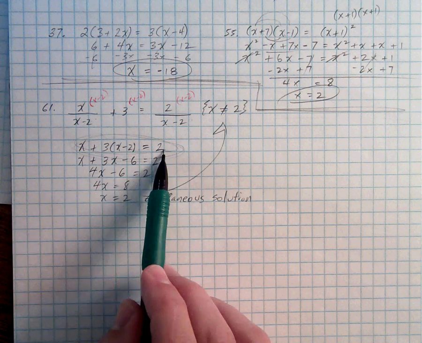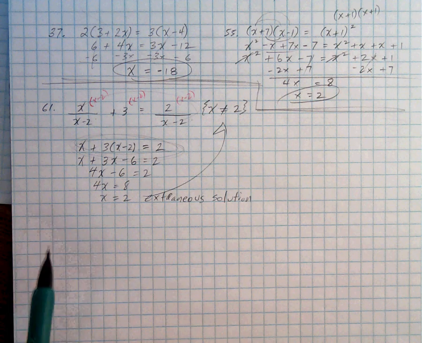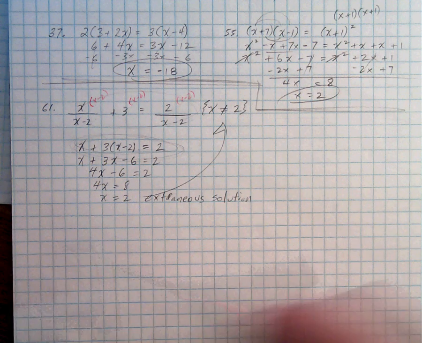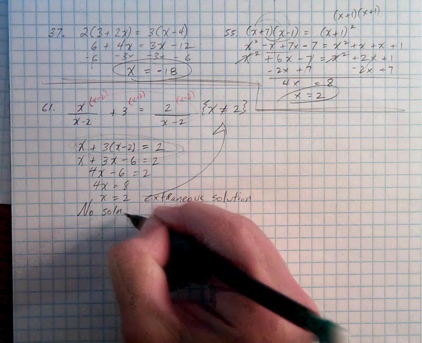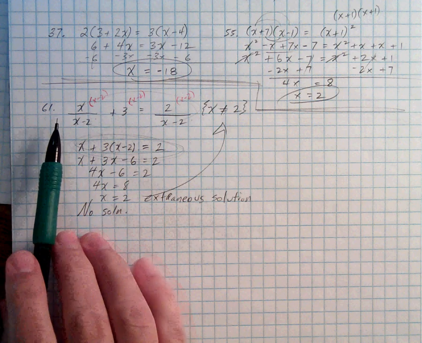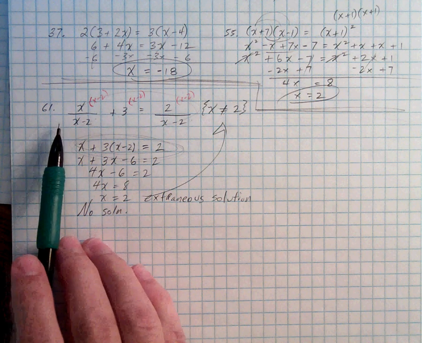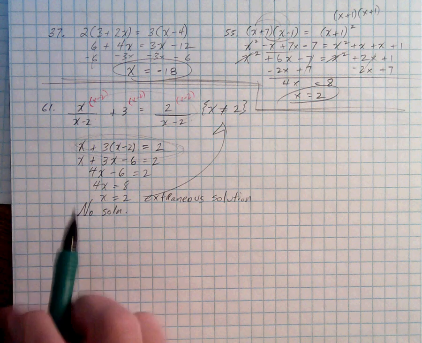That's not a solution for this up here. Alright, so there is no solution. So the correct answer is there's no solution. Let me check my book and make sure that's right. 61, the answer isn't showing up, but I really think that is correct.